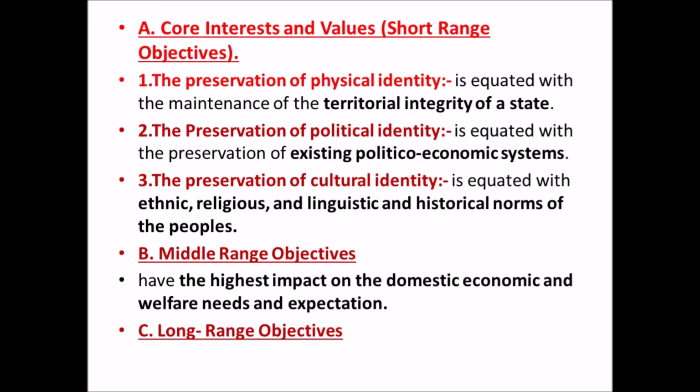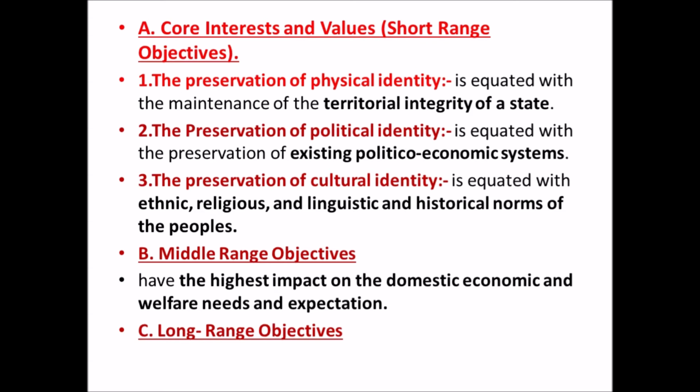The third one is preservation of cultural identity. This is related with preserving the ethnic, religious, and linguistic as well as historical norms of the people. So preservation of cultural identity is related with protecting the ethnicity, the religion of that state, the language of the state, the historically constructed norms of the people as a whole.